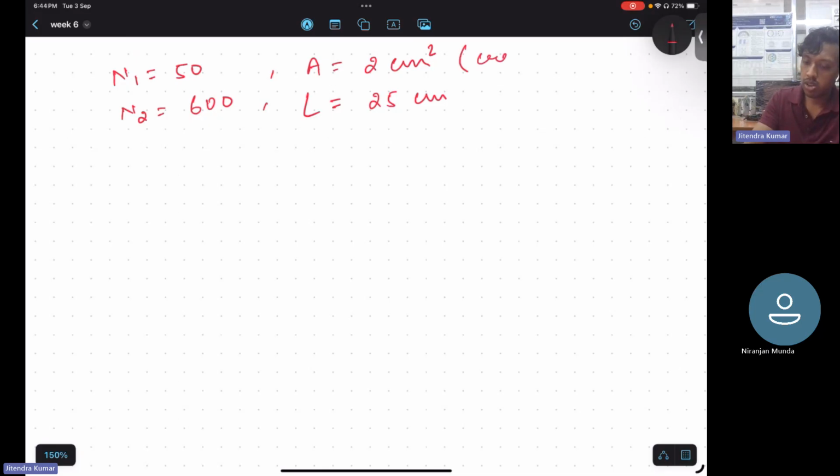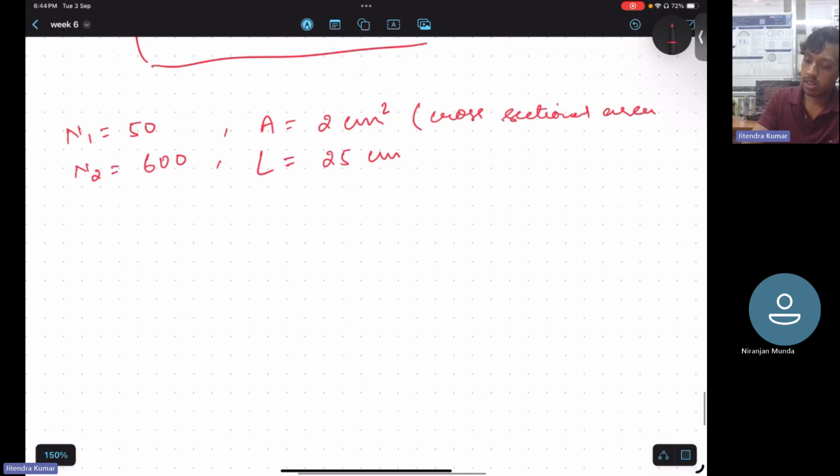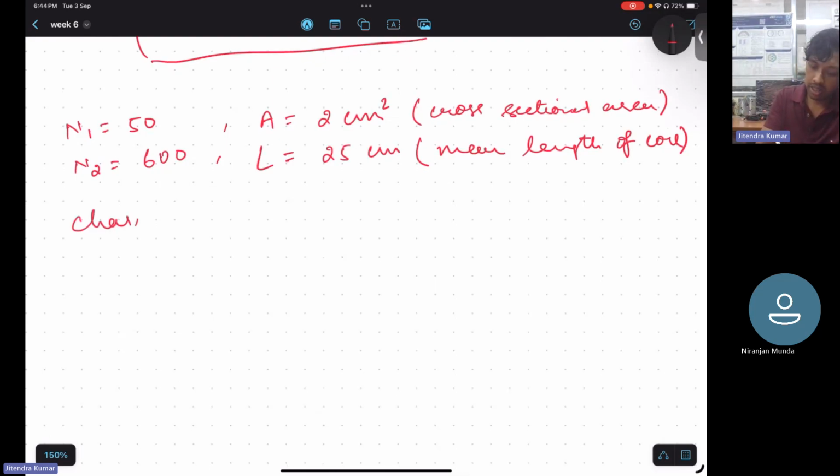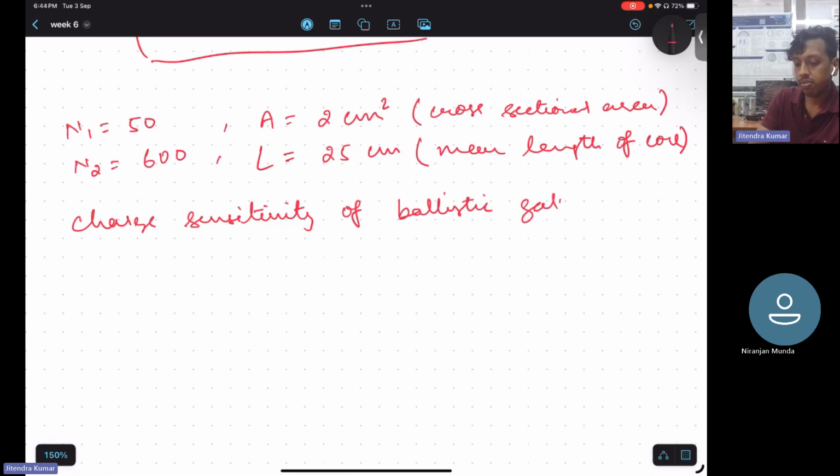Now, the charge sensitivity of the ballistic galvanometer is given to calculate the quantity of charge indirectly, which is denoted by S, at 2 centimeter per microcoulomb.